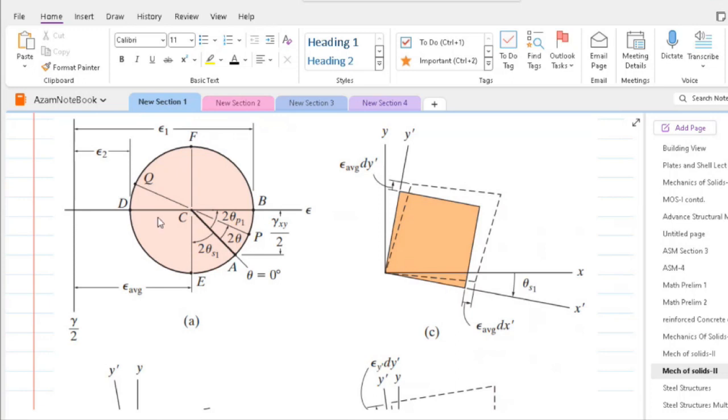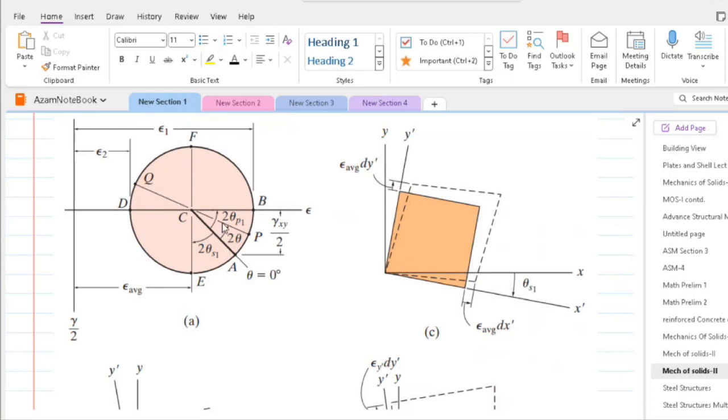Point B is located at an angle 2 theta P1 from our reference axis CA. So if we rotate our element counterclockwise by an angle theta P1, we will get that orientation where our principal strains are located.